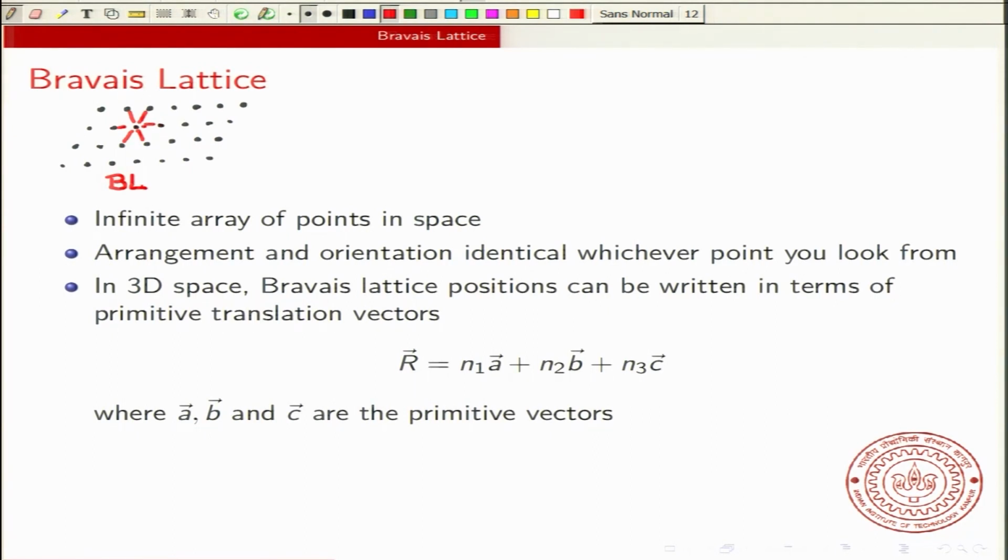Now, let us take another ordered arrangement where the orientation is not identical, and an example of this is the hexagonal lattice. In two dimensions, you take one hexagon, you take another hexagon, you translate, you take another hexagon, you keep doing it in all directions.